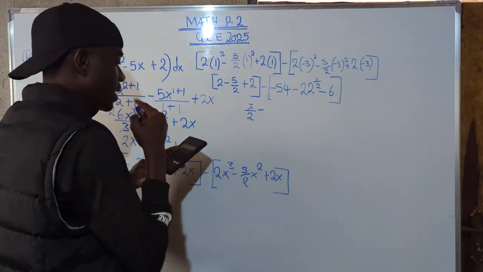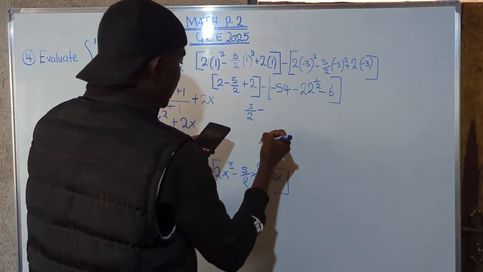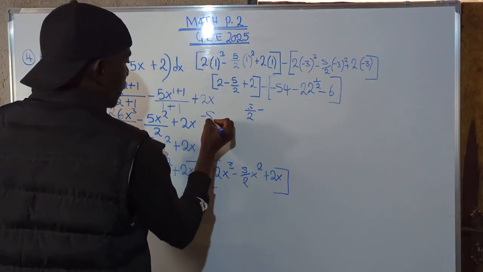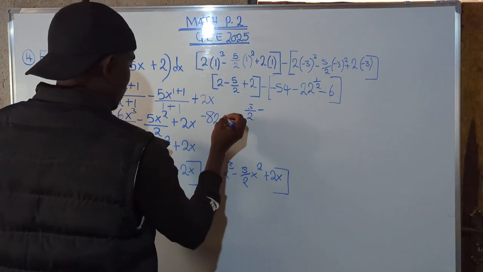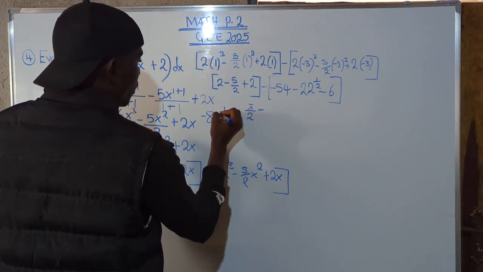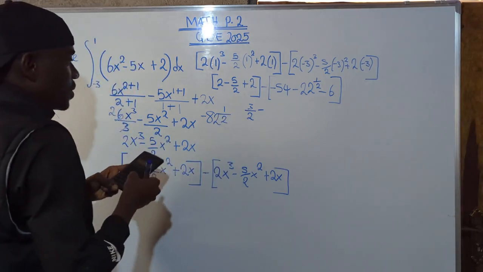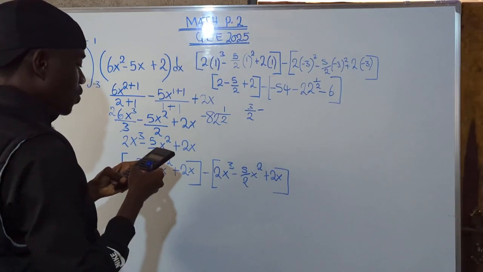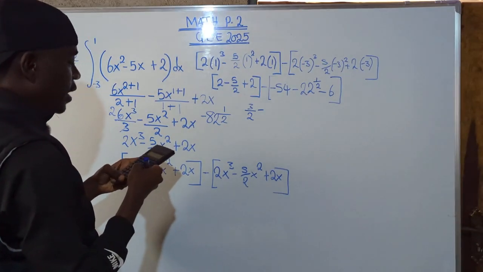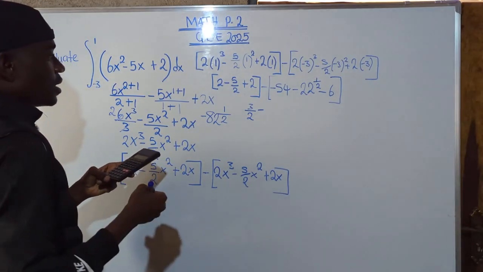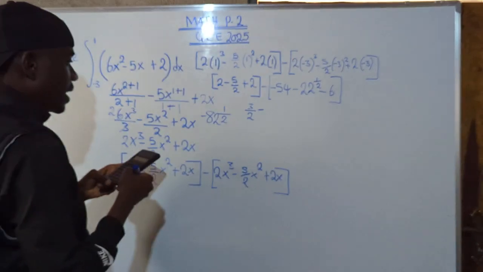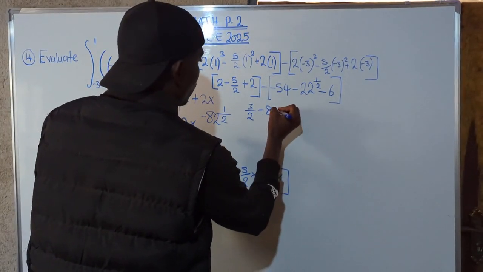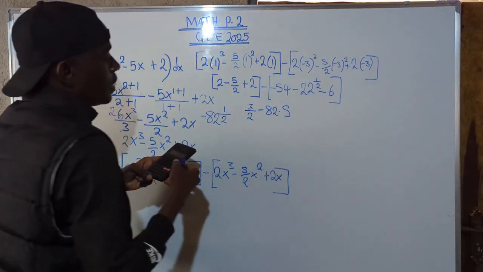You just punch everything on the calculator. You see what you're going to get. So you're going to get something like minus 82 and 1 over 2. So of course we just said 2 multiplied by 82 plus 1 divided by 2. Okay, so of course you're going to get something like 82.5.